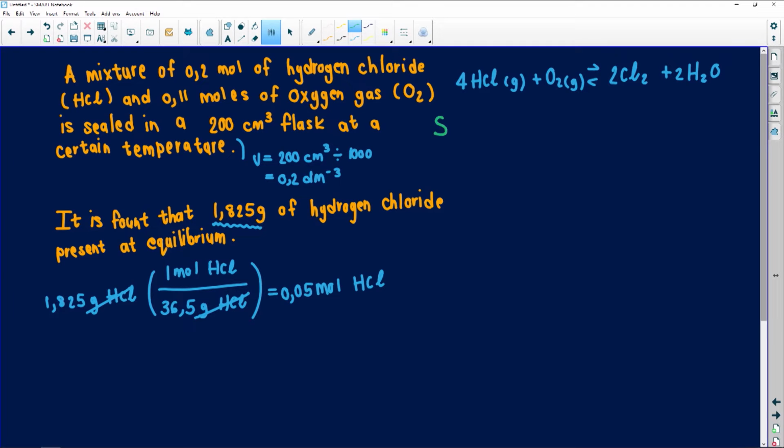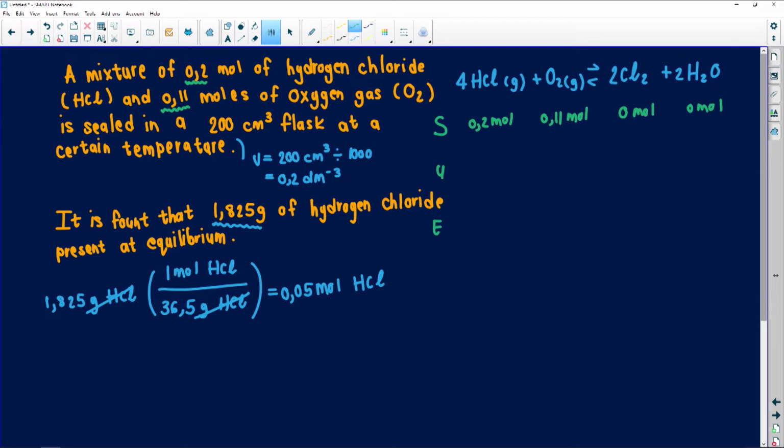This is what I start with, this is what I've used, and this is what I had at equilibrium. According to Njabulo's question, a mixture of 0.2 moles of hydrochloric acid. So initially, we start off with 0.2 moles of hydrochloric acid and 0.11 moles of oxygen gas. Remember, if this is what we start with, meaning we don't have products yet, so this will be 0 moles, and this will also be 0 moles.